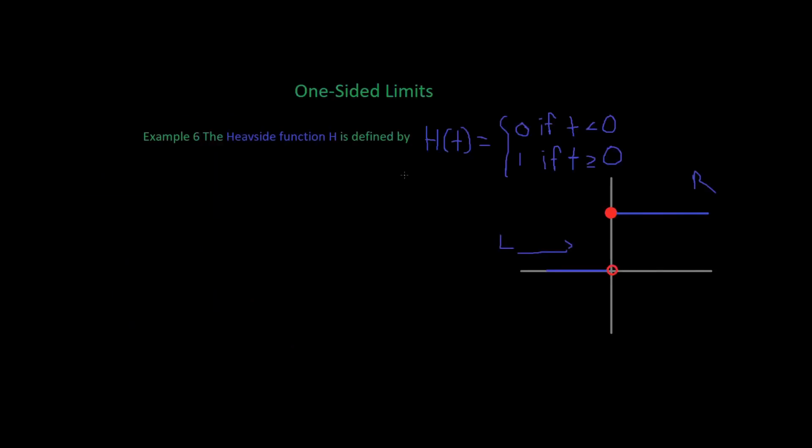Alright, one-sided limits. The Heaviside function H is defined by H of t, which equals 0 if t is less than 0, and 1 if t is greater than or equal to 0. This function is named after the electrical engineer Oliver Heaviside and can be used to describe an electrical current that is switched on at time t equals 0.